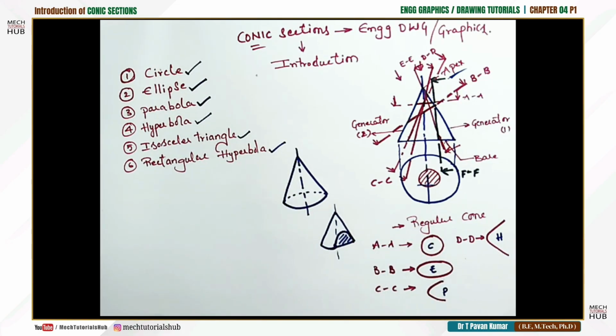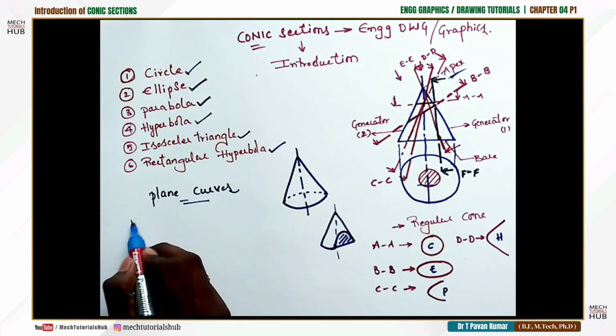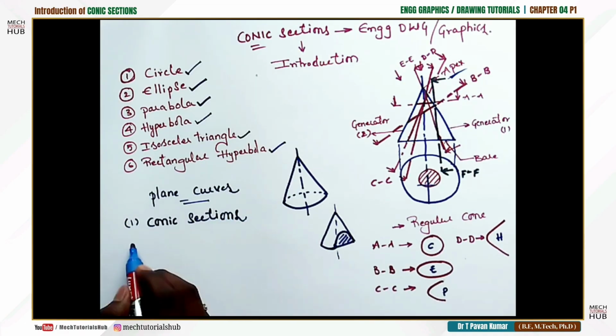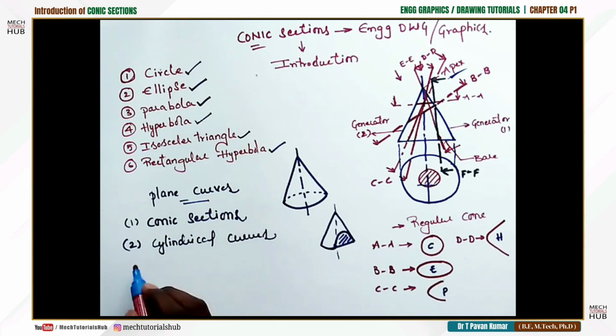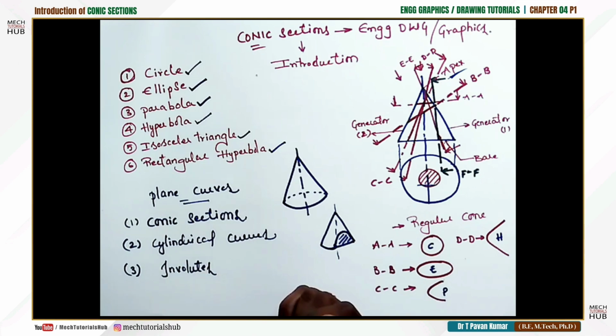And if you talk about plane curves related to these conic sections, this is broadly classified into three types. Number one is conic sections. Number two is cylindrical curves. And number three, involutes. Now we call these three varieties or methods as plane curves.